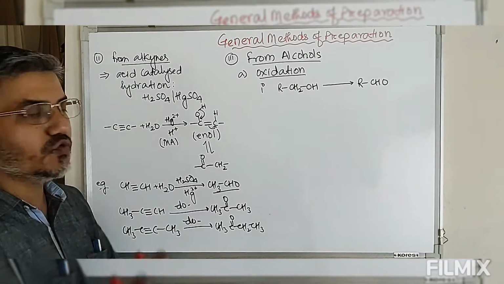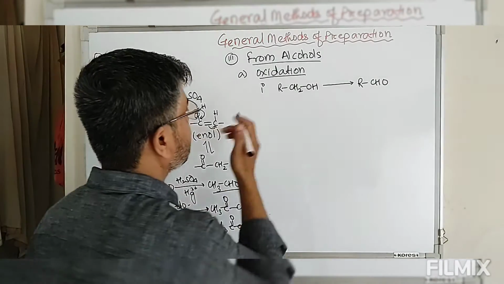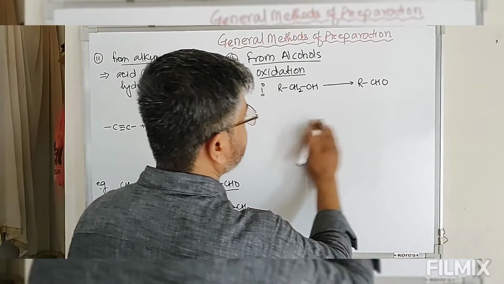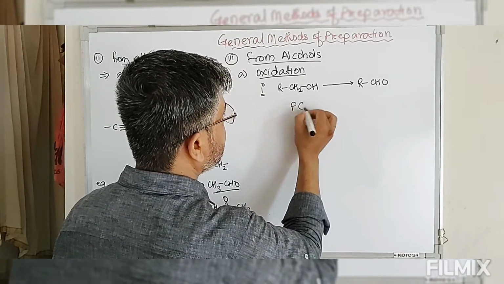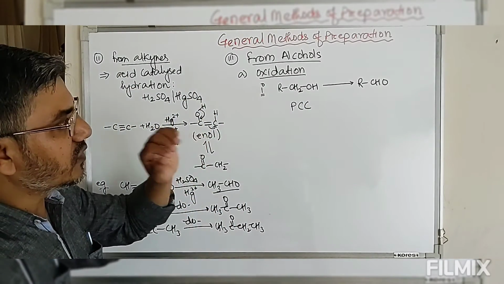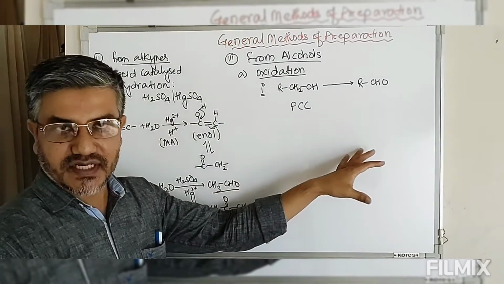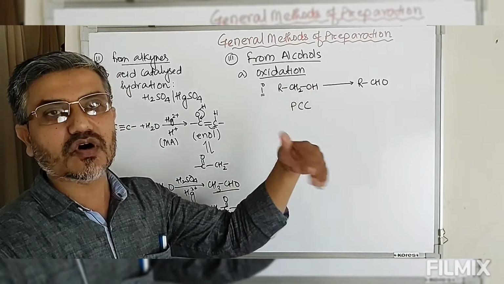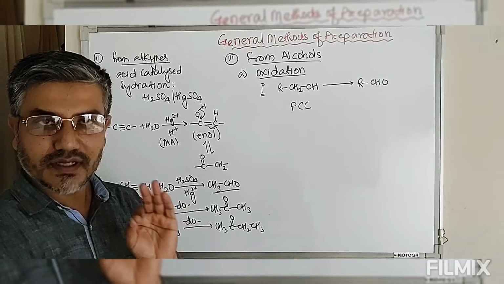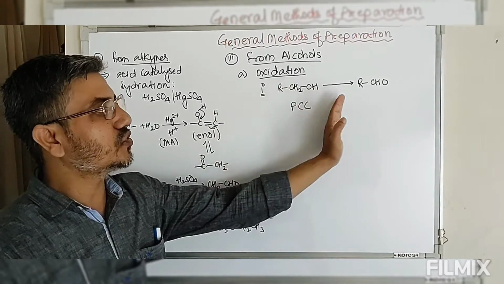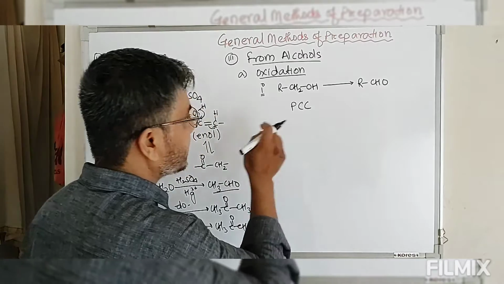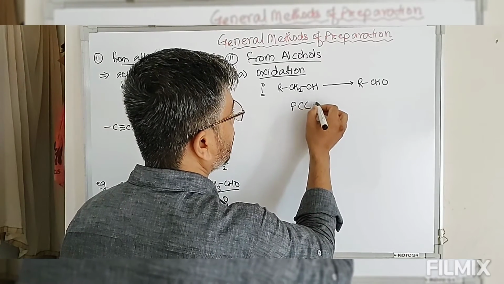Now for this we need to have an oxidizing agent, that is PCC, pyridinium chlorochromate. Now if we use a stronger oxidizing agent, this alcohol will be oxidized to give you acid. Now we don't require acid, but we have to stop the reaction at this aldehyde stage. So the oxidizing agent that could be used is pyridinium chlorochromate.